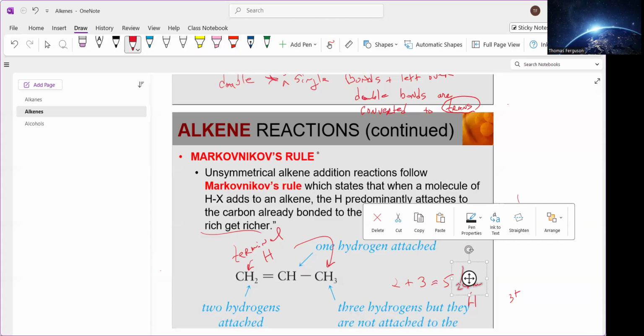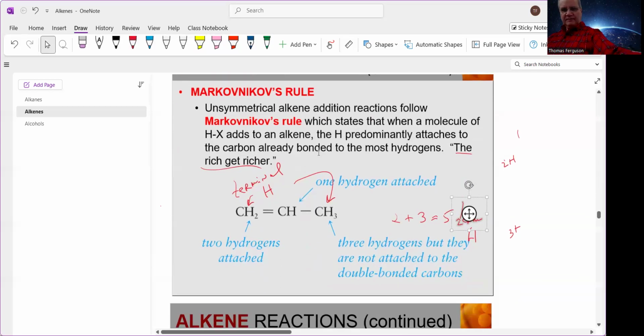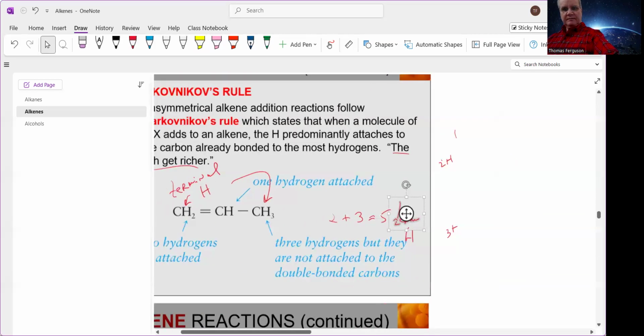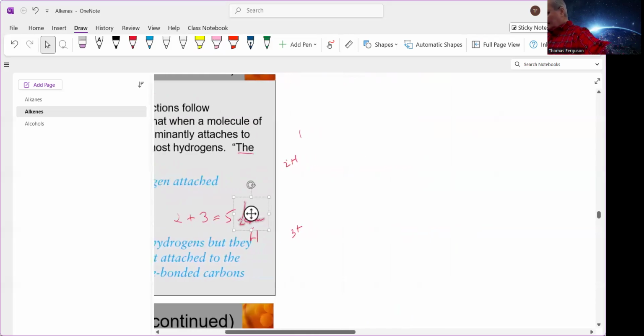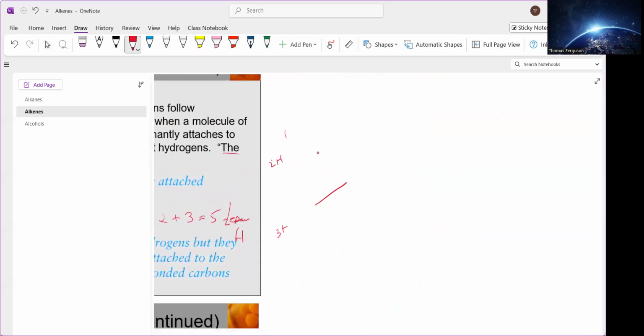So if we've got this compound, and this compound, okay, so this is 1-butene, 2-butene.